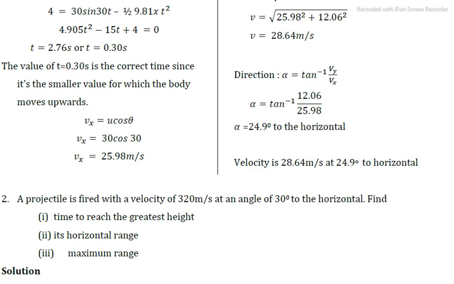In our example 2, we are given a projectile which is fired with a velocity of 320 meters per second at an angle of 30 degrees to the horizontal. So we are supposed to find the time taken to reach the greatest height, the horizontal range, and the maximum range.